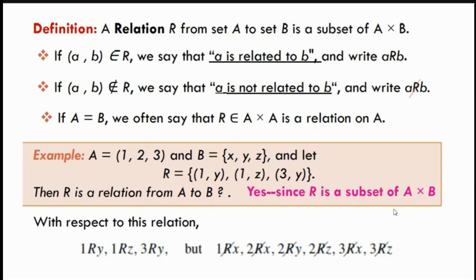Now, the given relation R has (1, Y), (1, Z) and (3, Y).